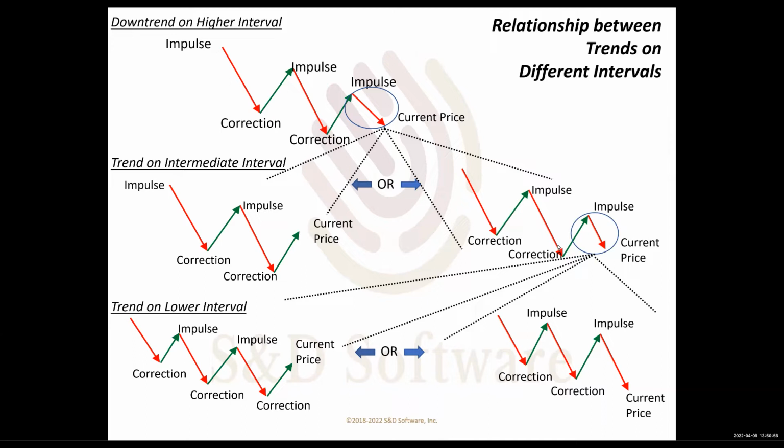And this is what we'll actually see. And so in this case, on all the intervals, our higher, our intermediate, and our lower, we are in downtrends. Now, in this bottom interval, again, we could be in a correction or we could be in an impulse. But either way, we are in a downtrend on the lower interval.